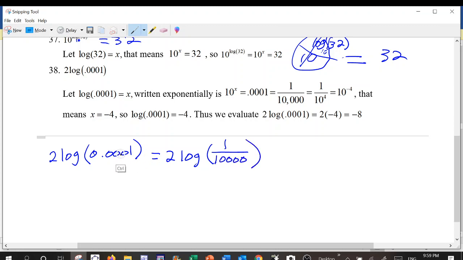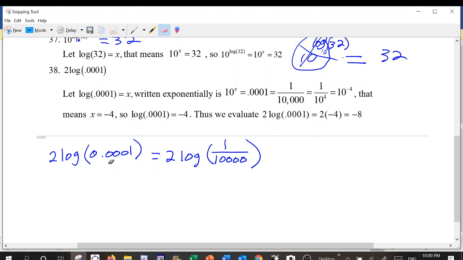That's what this means. This is the 10th place, that's 1 over 10. This is the 100th place. This is the 1000th place. And this is the 1 over 10,000th place, right? So that means 1 over 10,000.